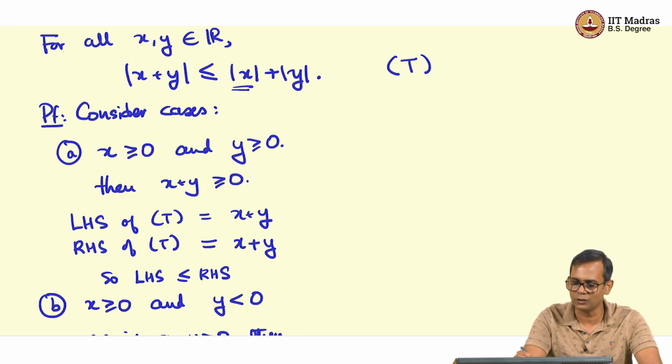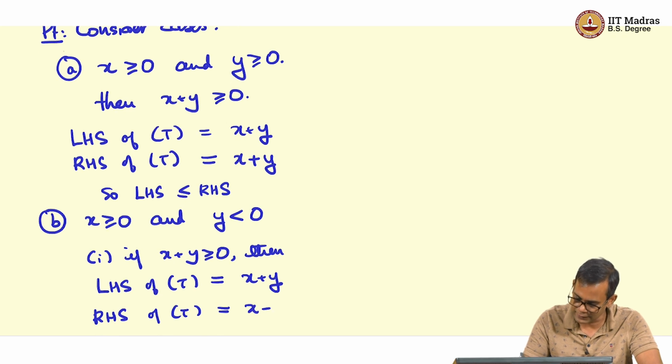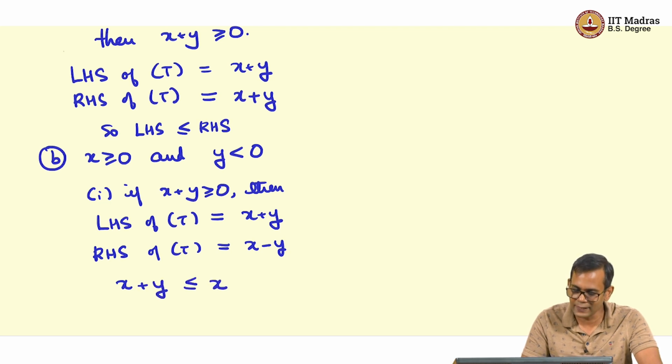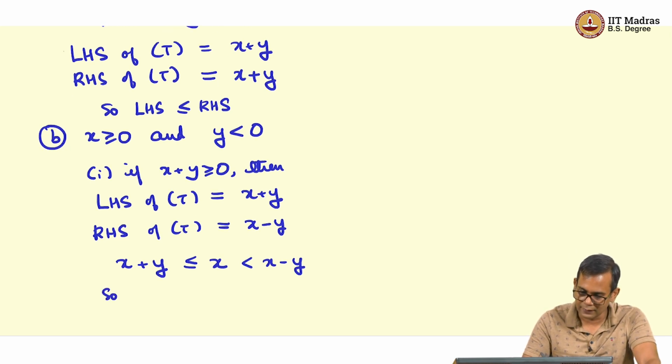So, the absolute value of y is minus y. So, what we get is x minus y. Now, if y is less than 0, then minus y is actually strictly greater than 0. So, x minus y is greater than x plus y. So, what we have is that the left hand side is strictly less than the right hand side in this case.